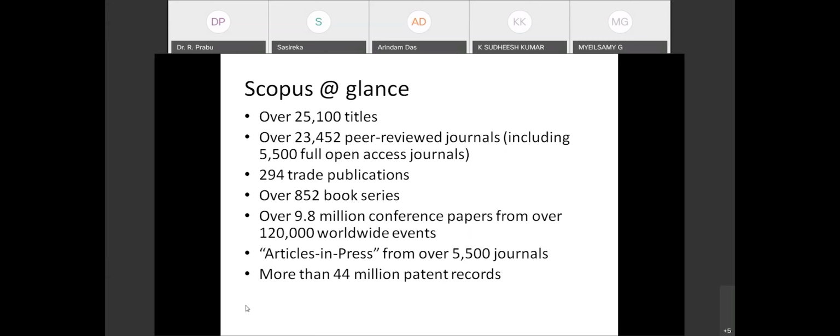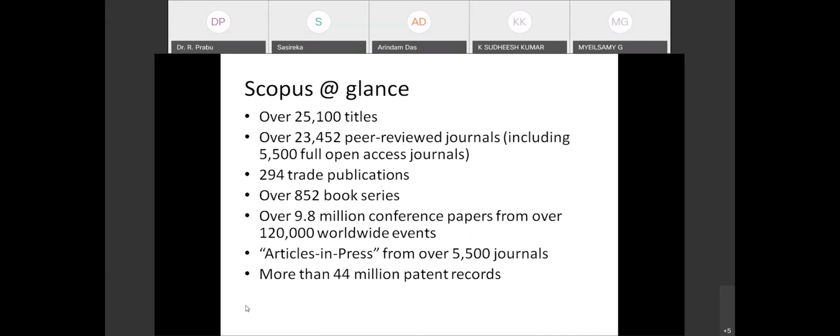So at a glance, Scopus has more than 25,100 titles, which means 25,100 journals are published in Scopus. Over 23,452 peer-reviewed journals, including 5,500 full open access journals.